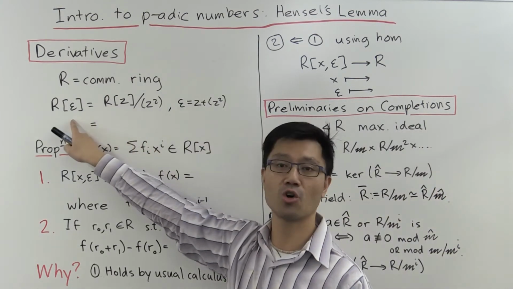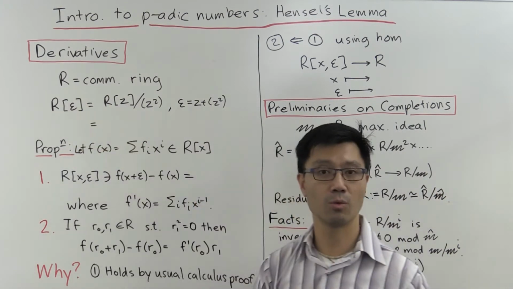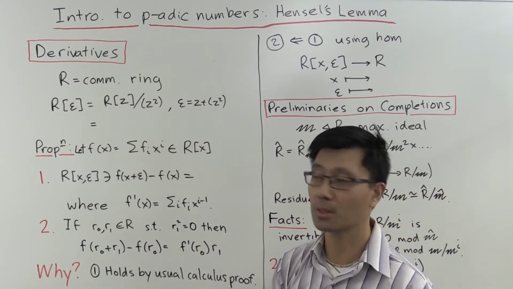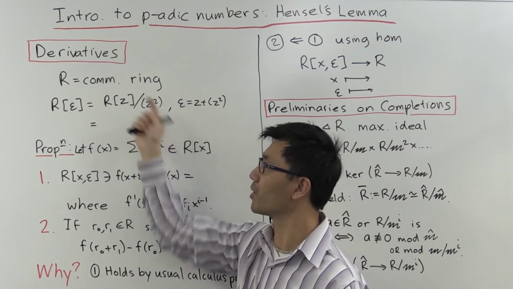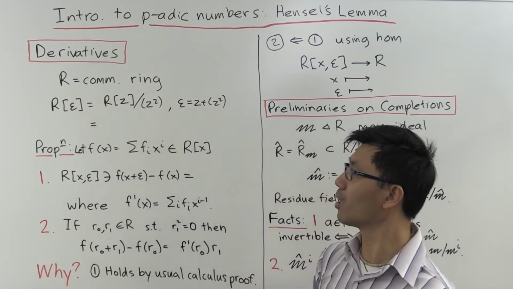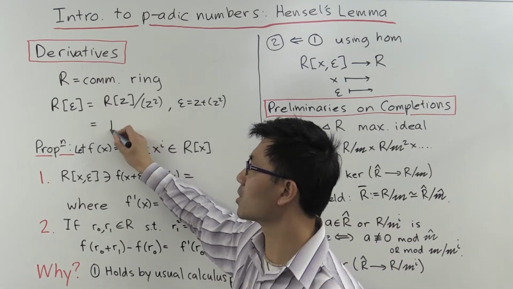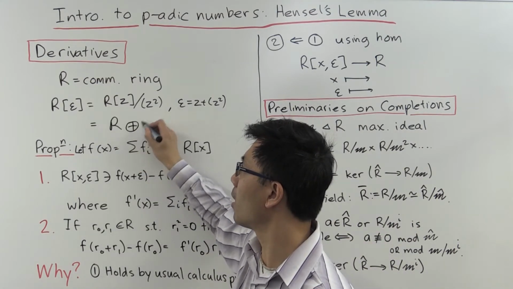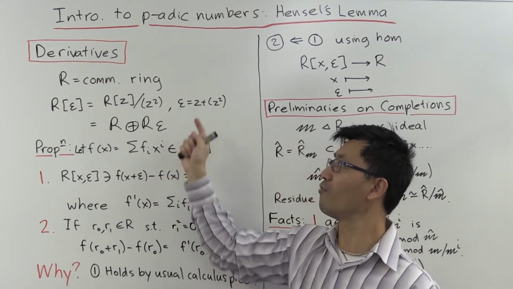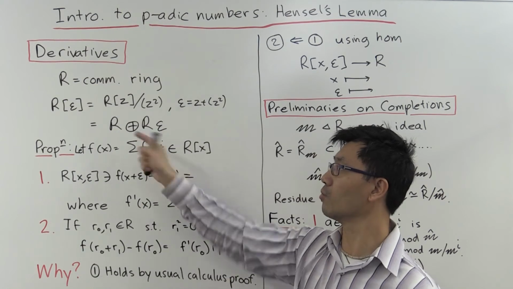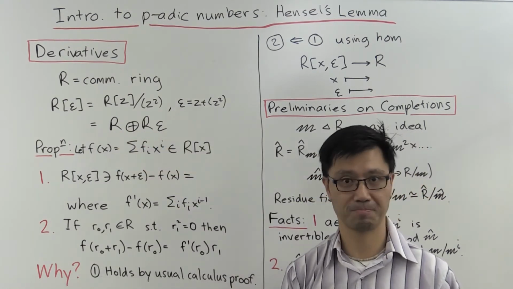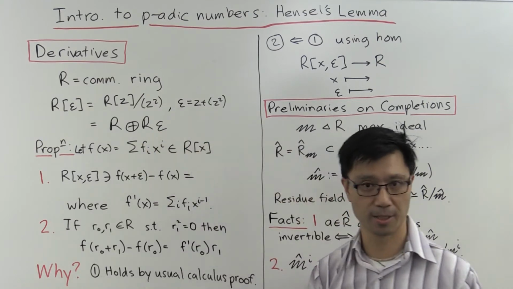So that's how you can adjoin an element epsilon, which is itself not 0, but its square will be 0. So if you want to think a little bit about what this looks like, you can think about it as a module over R, in which case you can write it as just R direct sum R times epsilon. In other words, every element in this quotient ring you can write as an element of R plus R times epsilon. And that expression is unique.